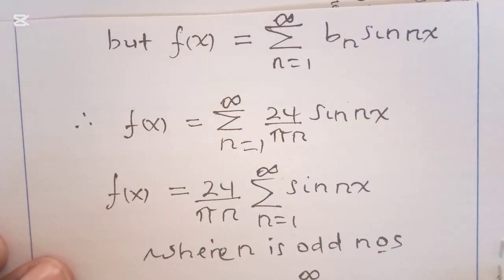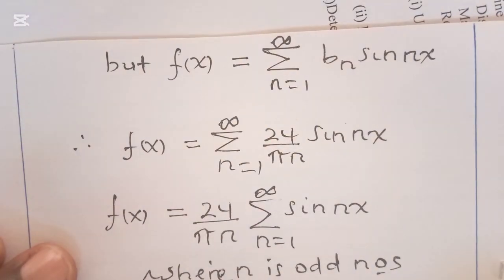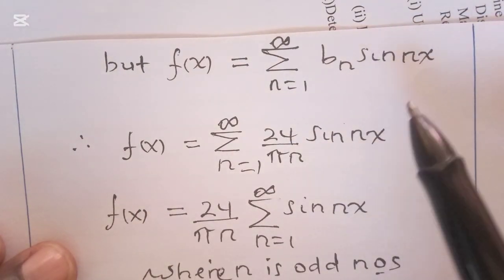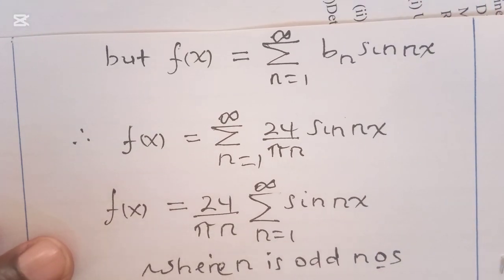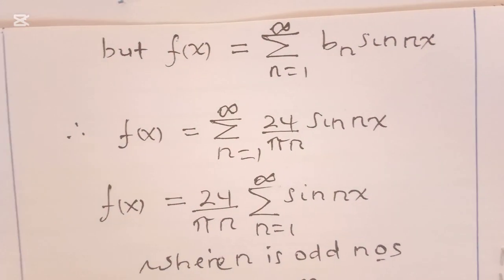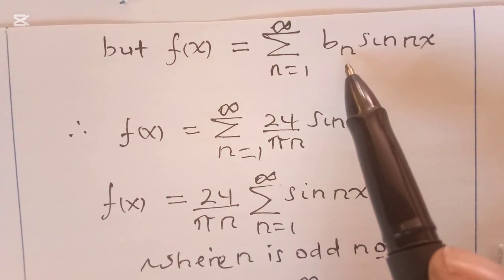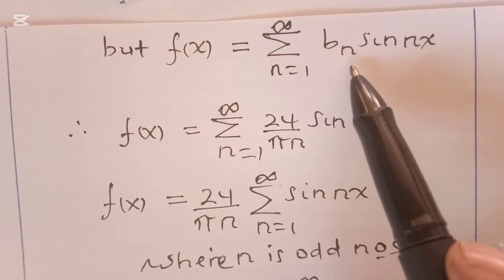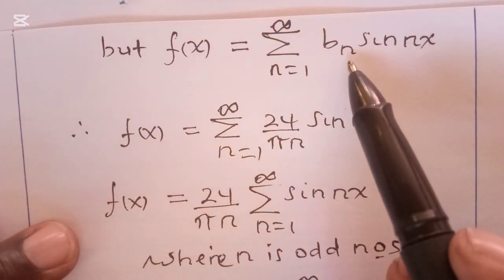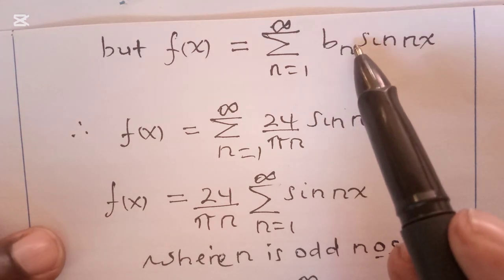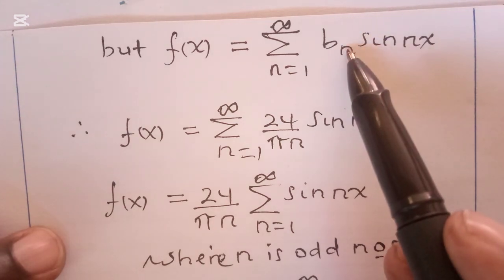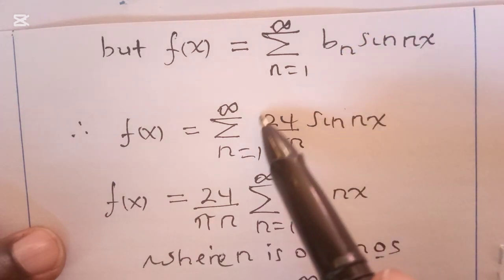And so guys, to save on time, I have done the rest and now I take you through. So guys, we look at it this way. We have already found that Bn is supposed to be 12 all over pi over n. So that is 24 all over pi over n, which is this.